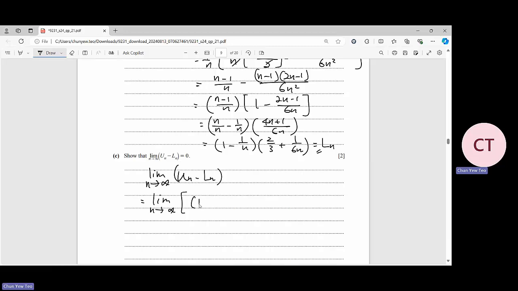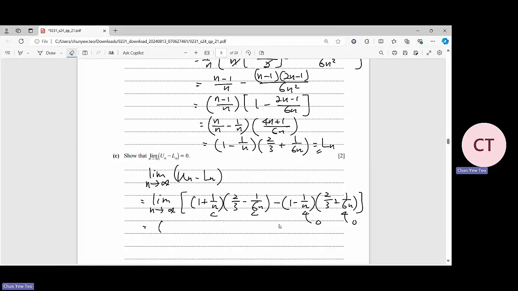Un is 1 plus 1 over n, 2 over 3 minus 1 over 6n, minus Ln, 1 minus 1 over n, 2 over 3 minus 1 over 6, plus 1 over 6n. So when n approaches infinity, this will become 0, this will become 0, all will become 0 for this part.